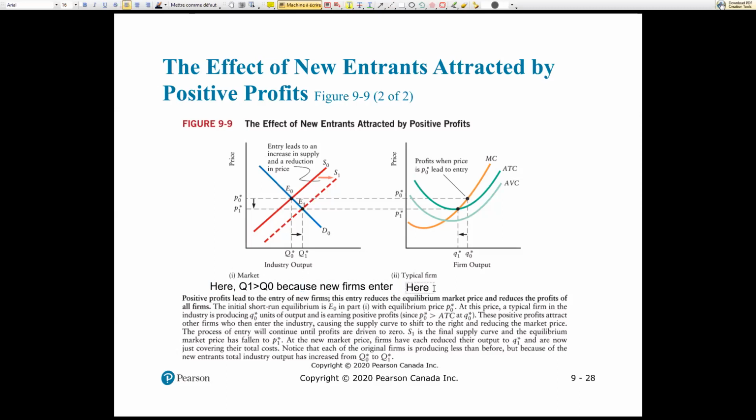Here, small q1 is smaller than q0 because each firm in the market reduces its production.